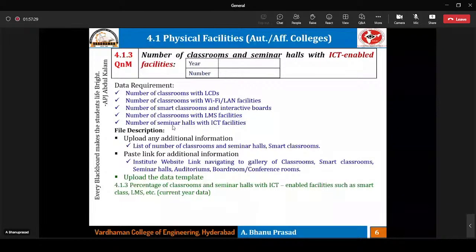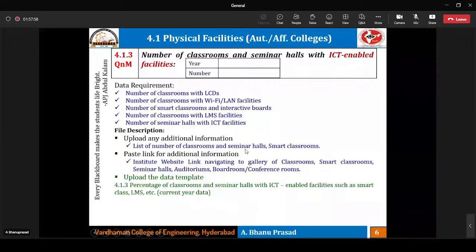And there you should have the ICT facilities, information communication technology facilities. So under the file description, it is asked to upload any additional information. Here you can write in tabular form the list of number of classrooms, BTech wise, MTech wise, MBA, depending on the institution, they are running with the degrees of programs, the seminar halls and smart classrooms.